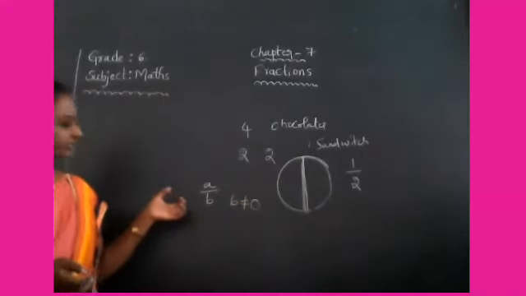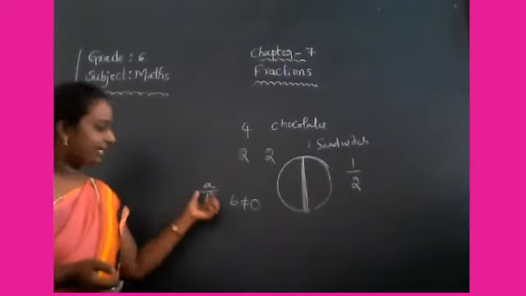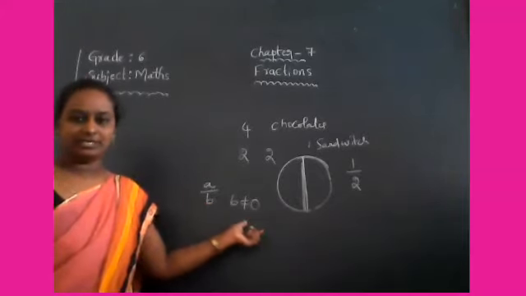A fraction is a part of whole, in the form of a by b, where a and b are whole numbers, b is not equal to 0.